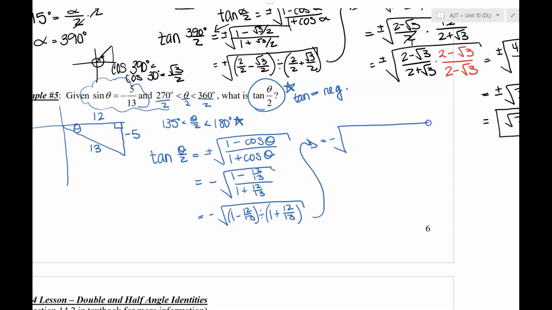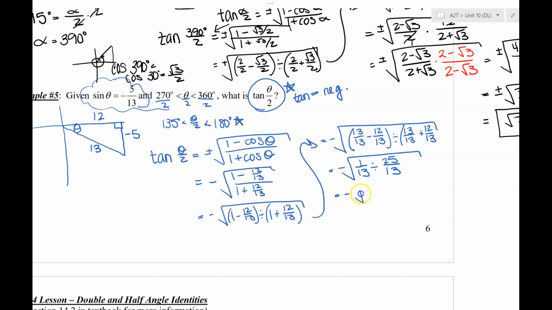Getting common denominators, I'm going to have 13 minus 12. Let me write it out for us fully. There we go. Divided by 13 over 13 plus 12 over 13. I still have a negative on the outside. Don't forget that. So we have 1 over 13 divided by 25 over 13.